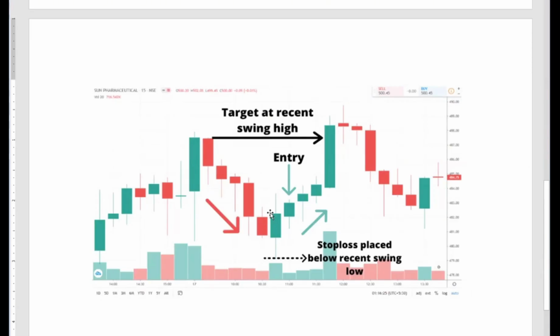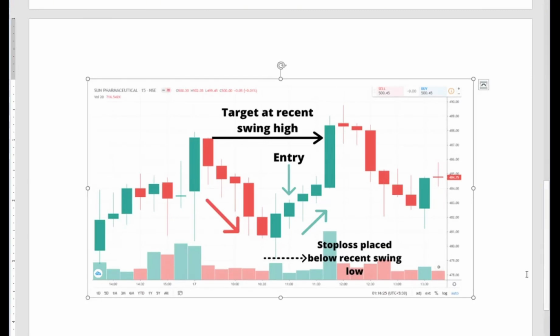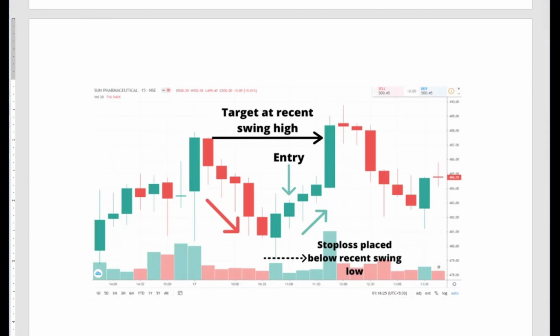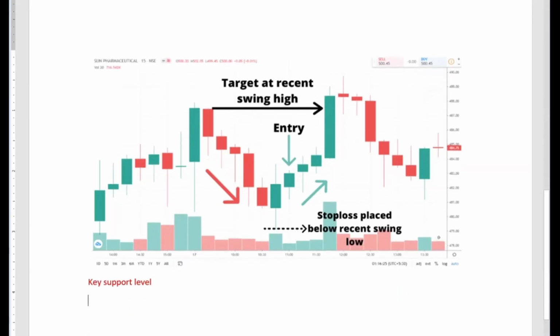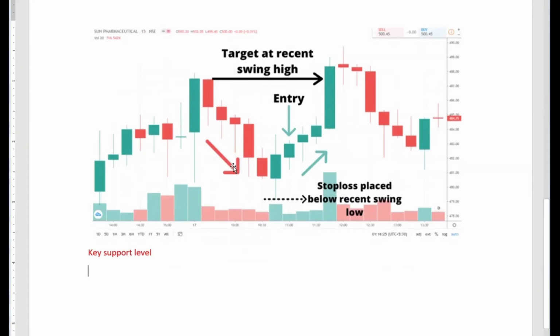And because we are setting a buy signal, the bullish engulfing candlestick pattern, like the hammer, should appear at the key support level. So first we need to identify where its location is. Okay, it's the key support level.